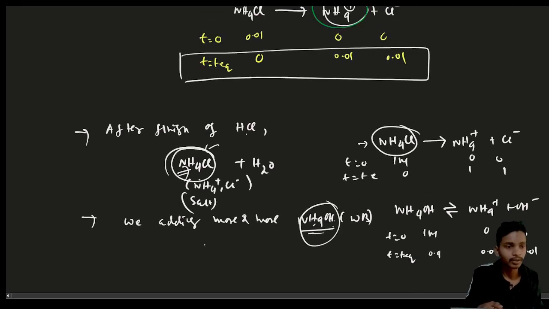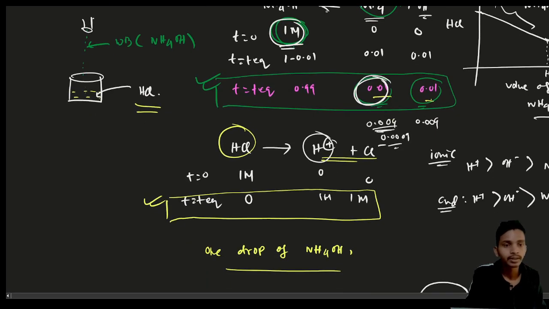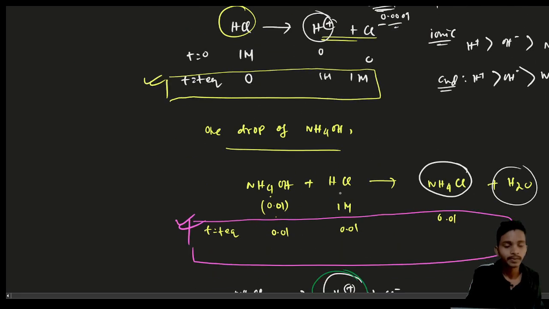Now whenever this is reached to here, then HCl is completely finished. If HCl is completely finished, it means more NH4Cl is there, because NH4OH reacts, NH4+ and OH- come, and the H+ reacts with NH4OH, and NH4Cl was being synthesized.